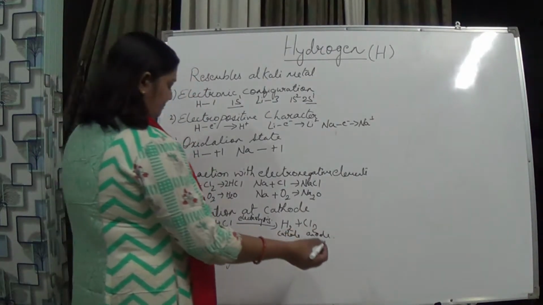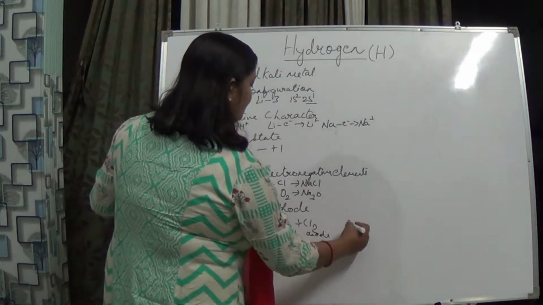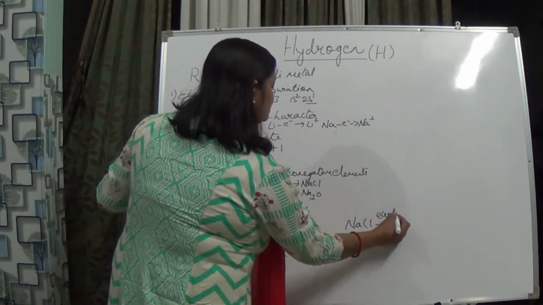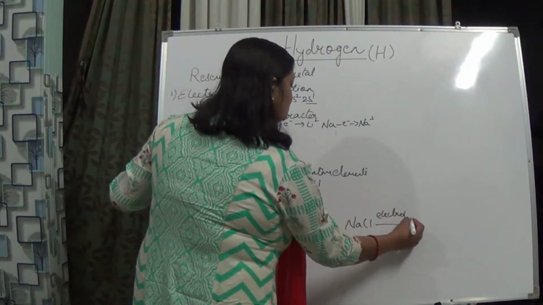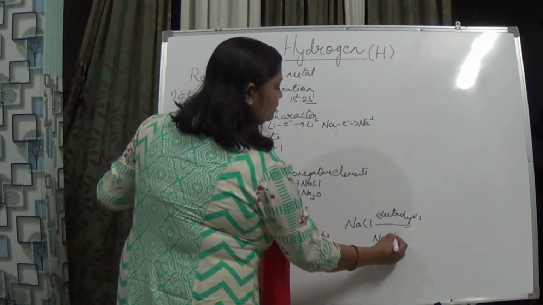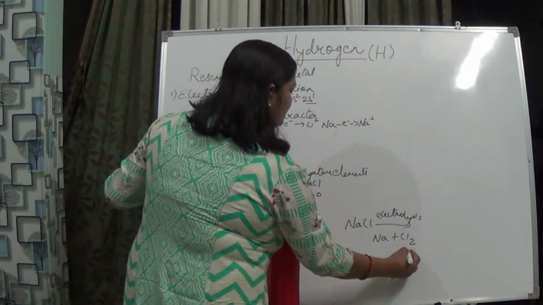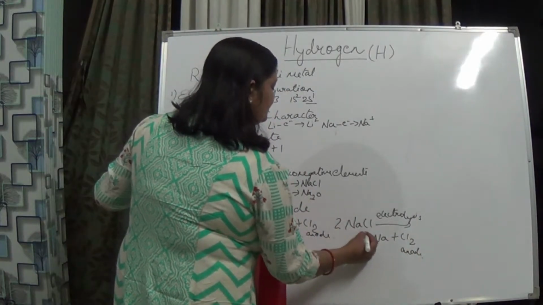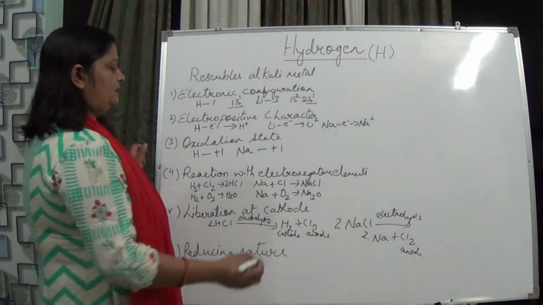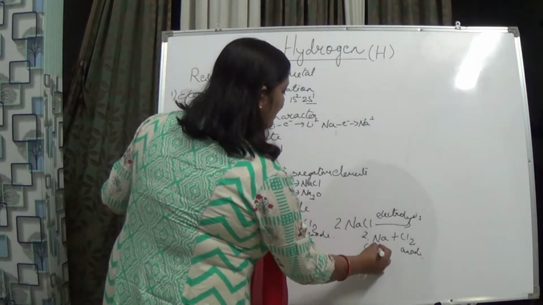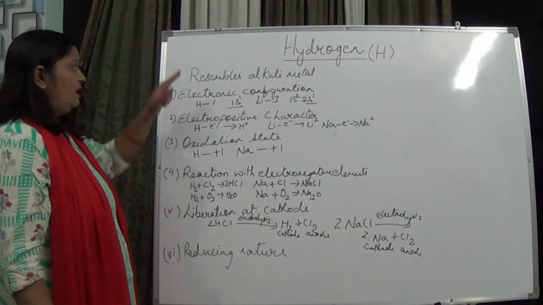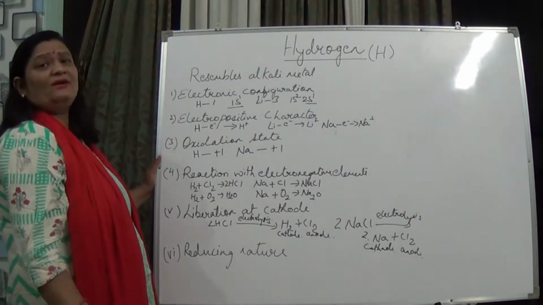Likewise, if we take NaCl and carry out electrolysis, you will get Na at cathode and Cl2 at anode. So you can see the deposition of sodium, an alkali metal, and hydrogen both at the cathode.